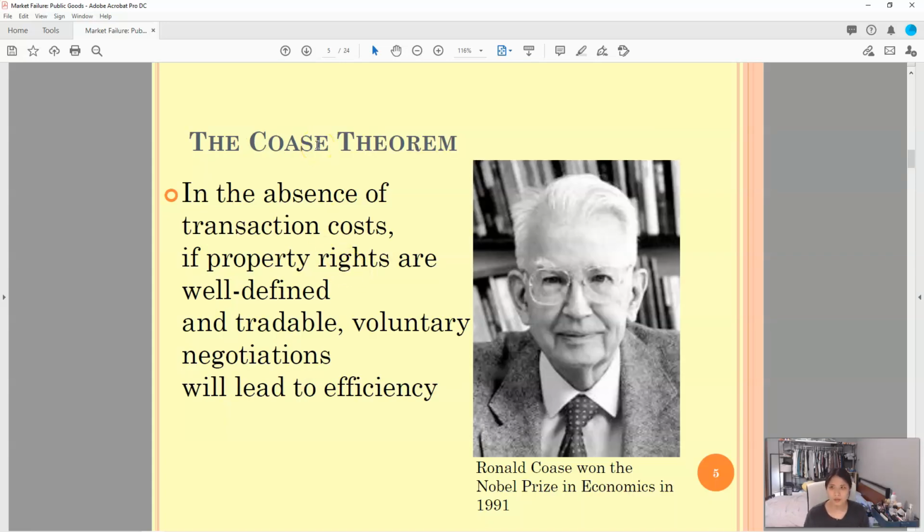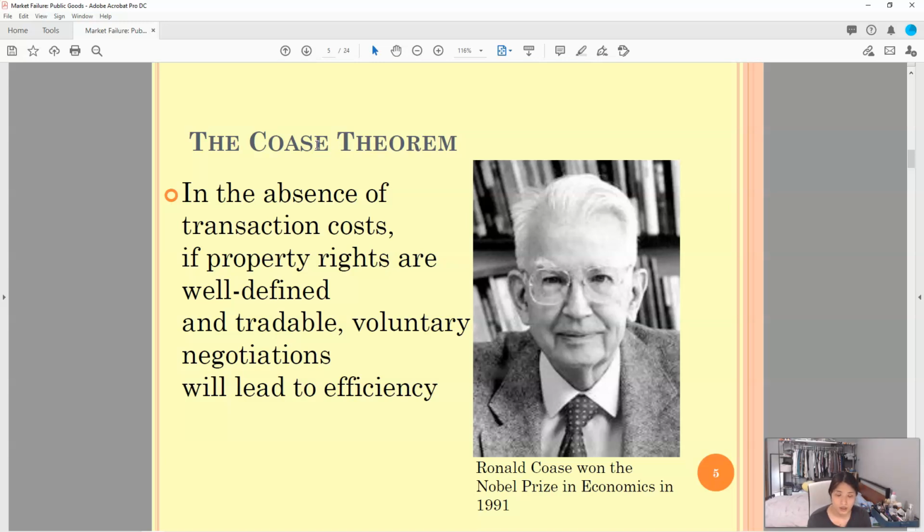The Coase theorem says that in the absence of transaction costs, if property rights are well-defined and tradable, voluntary negotiation will lead to social efficiency. What does that mean?